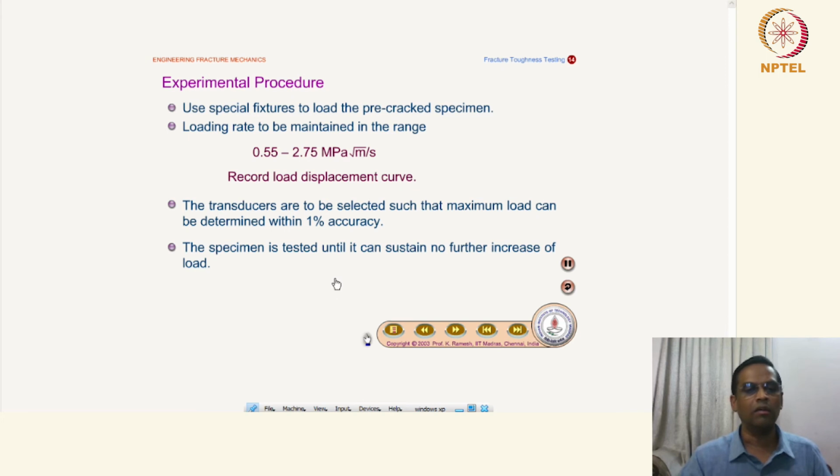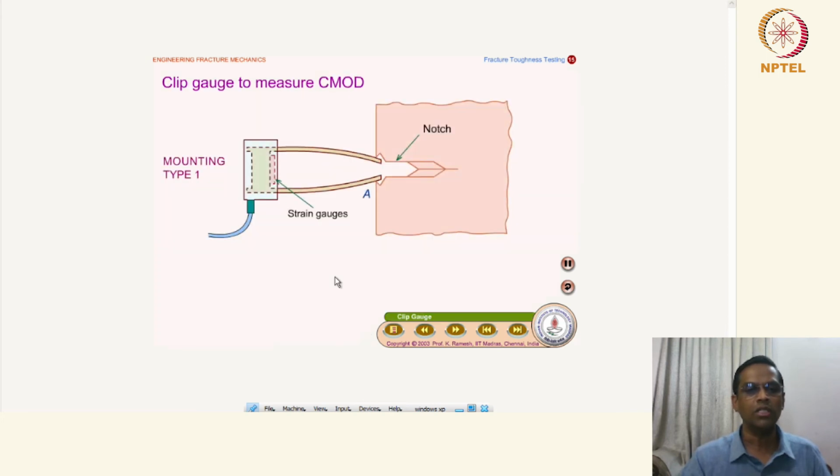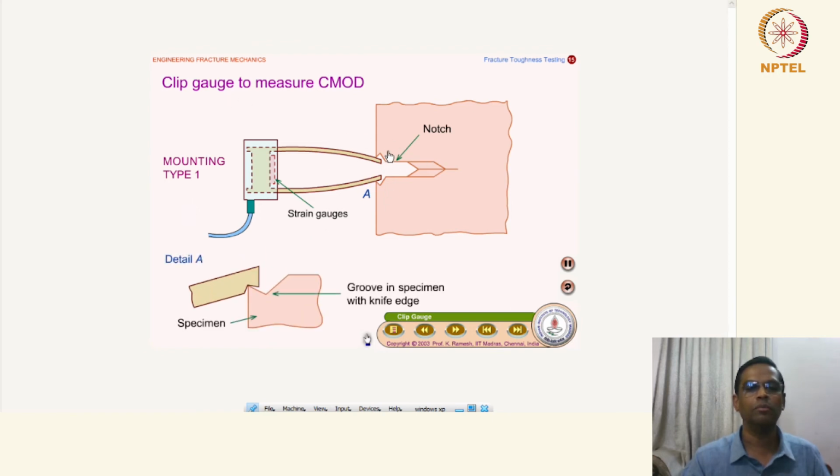What is to be noted now is how the clip gauges are fixed to measure the CMOD, crack mouth opening displacement. This is called CMOD, and this is the typical gauge length.